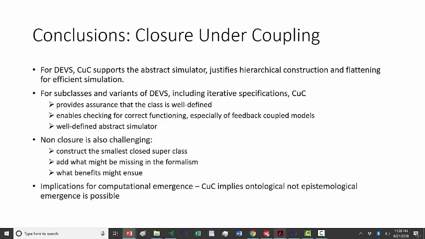It might have implications for computational emergence, in that closure and decoupling can imply ontological, but may not imply epistemological, emergence as a possibility. We leave that to another discussion and close with these ideas.